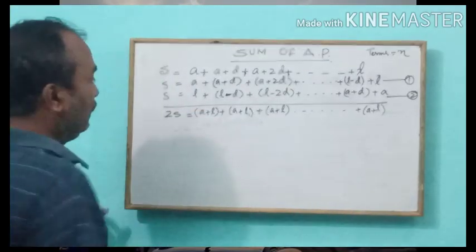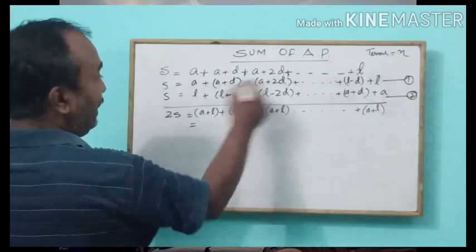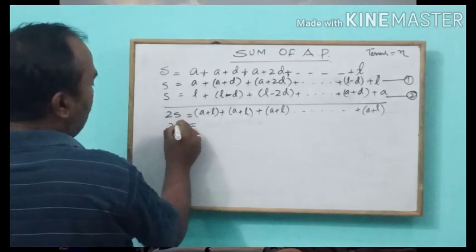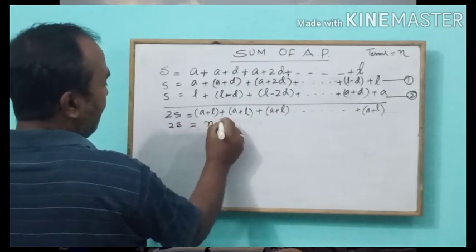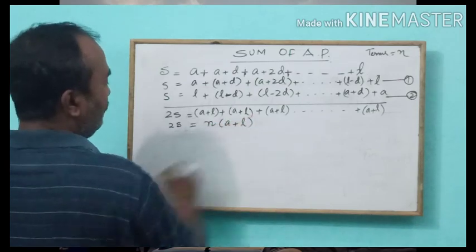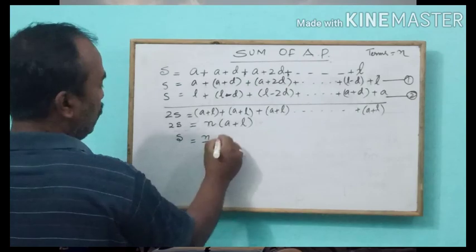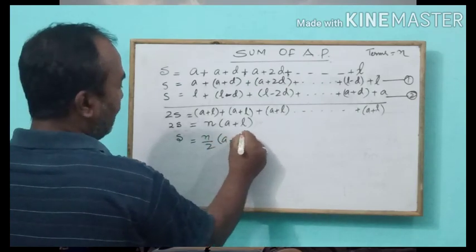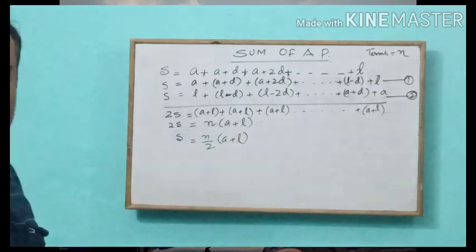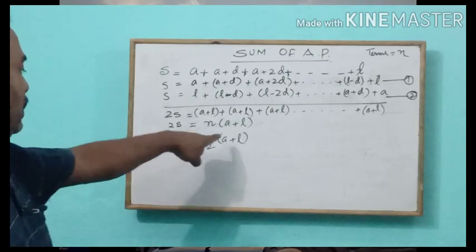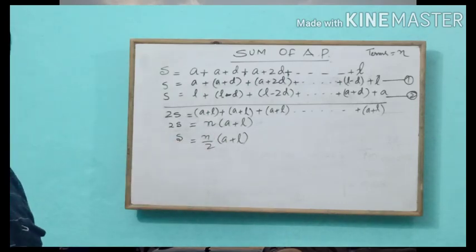So the number of (a plus L) here will be n. So a plus L, n times, added, will be n times (a plus L), or S equals n by 2 into (a plus L). This is one of the formulas, when the first term, the last term and the number of terms are known.